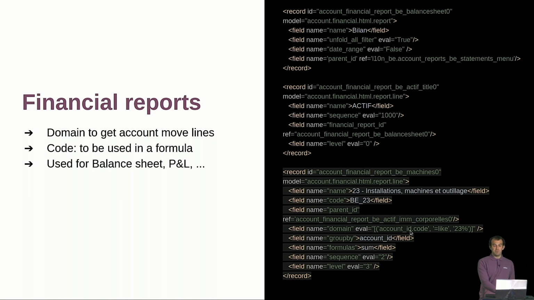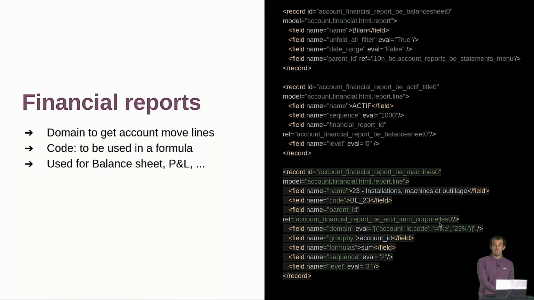You will see that you have the accounts that have the code that starts with 23. This is good for countries where the chart of accounts has really fixed codes, and it's almost legally determined what goes where.